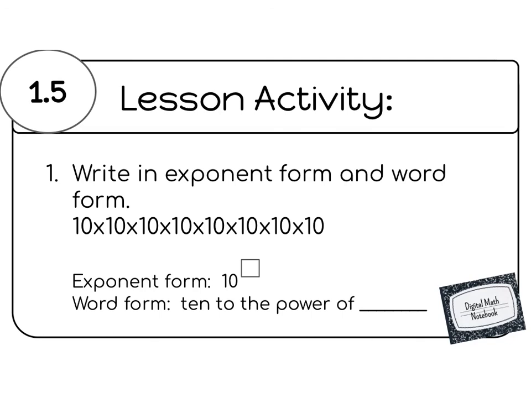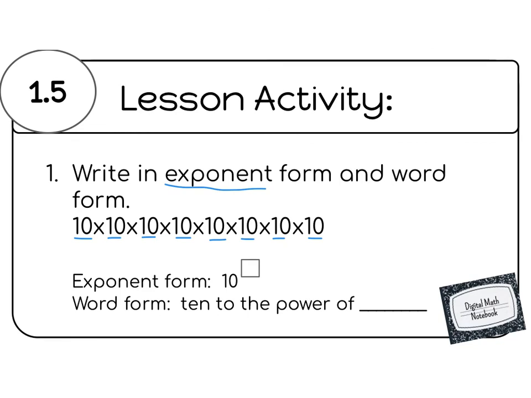The next part of our lesson is our lesson activity. So in our lesson activity today, we have 2 parts. The first part says we're going to write this number in word form and in exponent form. So we have 10 times 10 times 10 times 10 times 10 times 10 times 10 times 10. So that's 1, 2, 3, 4, 5, 6, 7, 8.